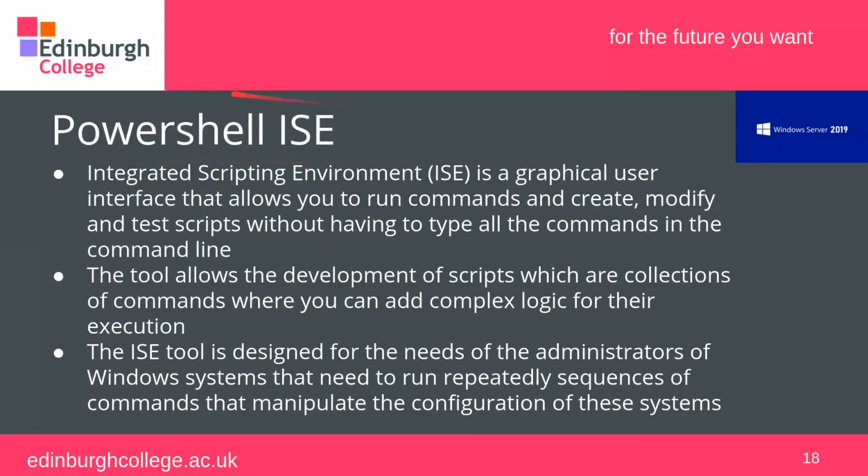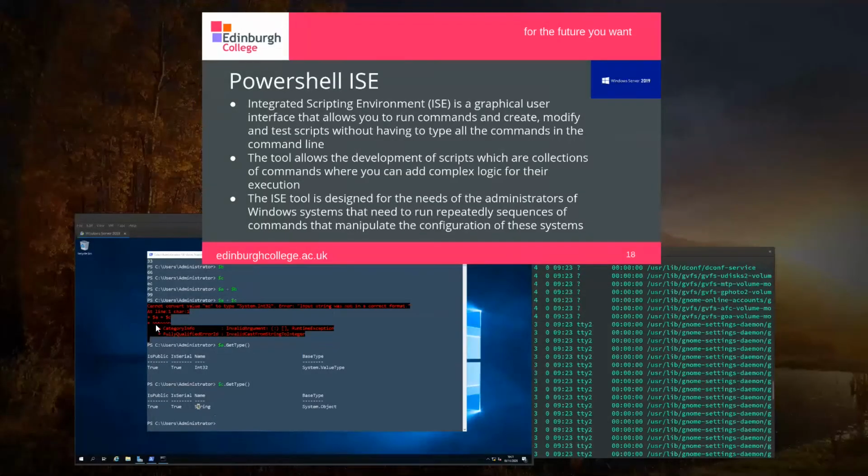PowerShell ISE. Microsoft not only gave us a new shell, they also gave us a scripting environment to use the shell. It's called the Integrated Scripting Environment, and it's a graphical interface. It's an IDE basically for running PowerShell commands. At the beginning I said, remember we had a look at all the different PowerShell options.